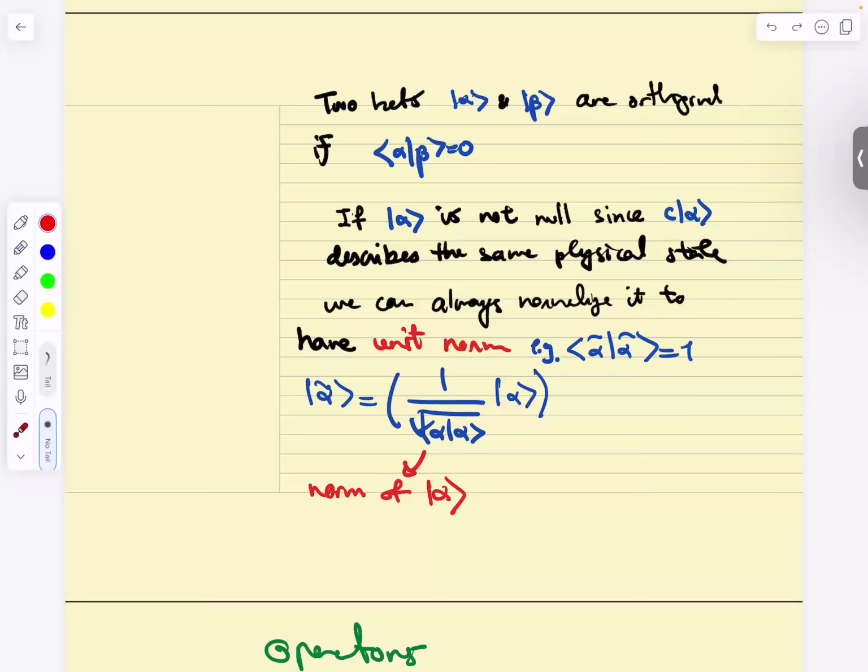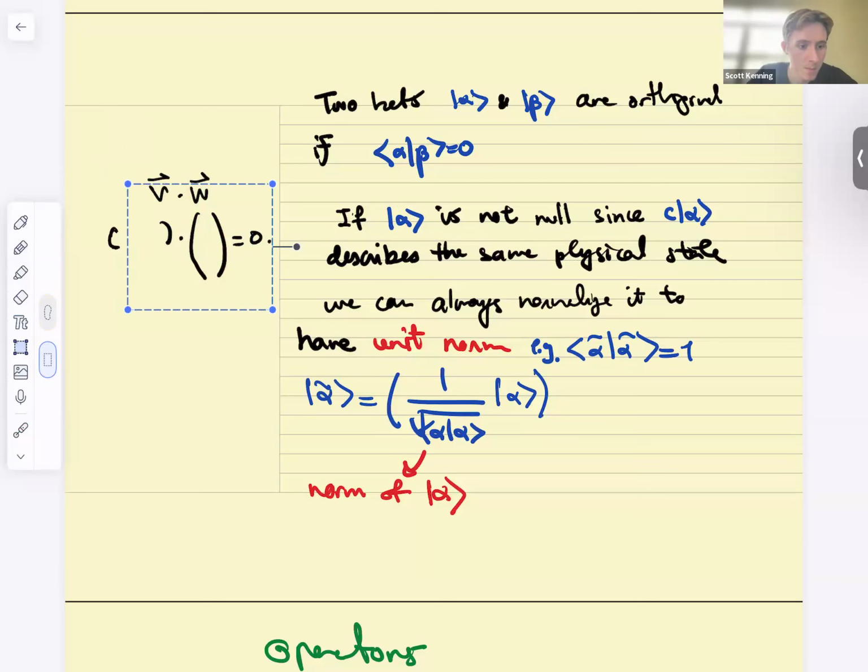When v dot w, where this is a row vector and this is a column vector, would give you 0, you would interpret that this vector is perpendicular to that vector, right? Is that clear? Is this familiar? Okay. Yes. Good, thank you.